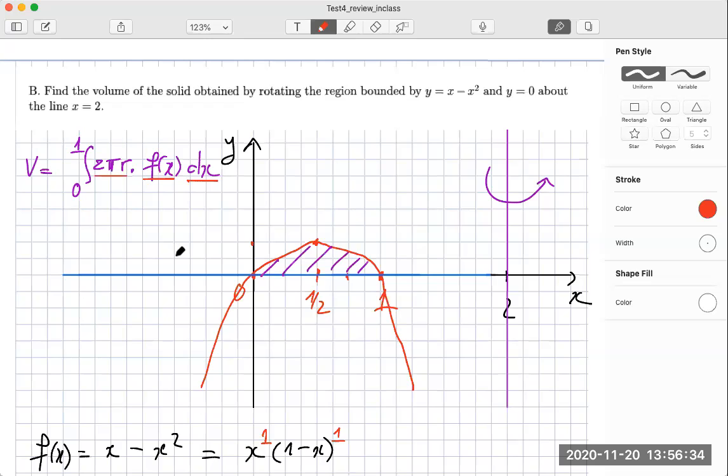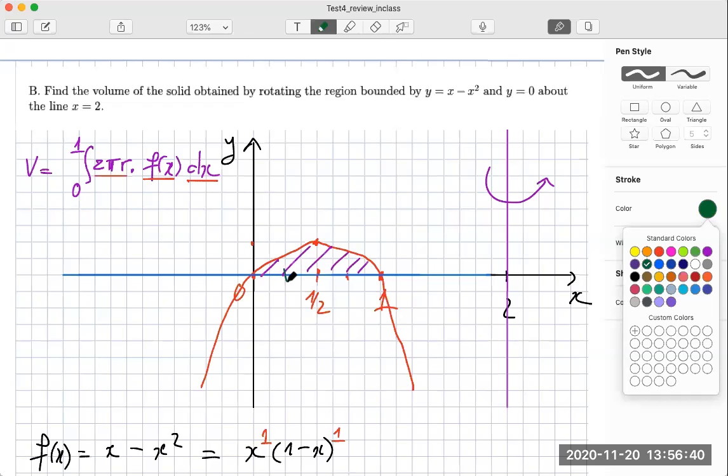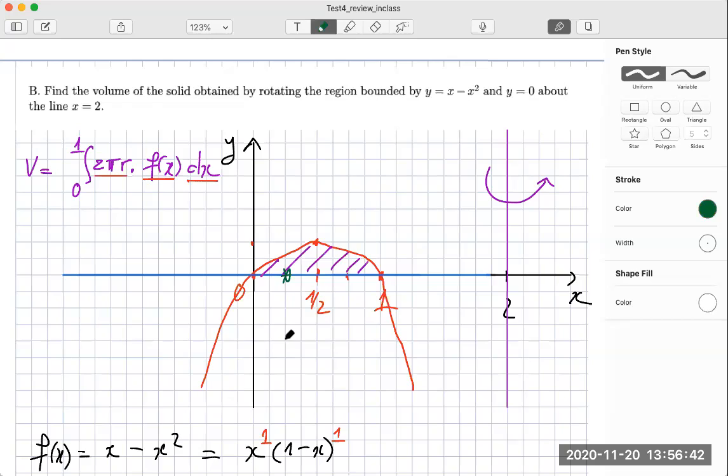In our case, the distance r, suppose at any point here, what is the distance of this point? If this is x0, then what is the distance from x0 to 2? Yeah, 2 minus x0. Very good. Do you agree?